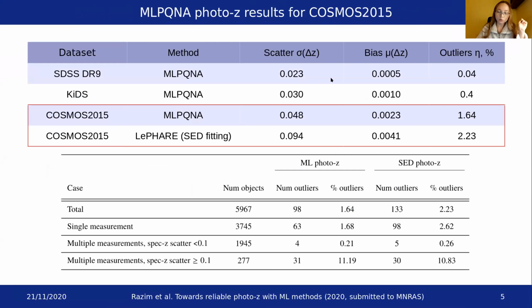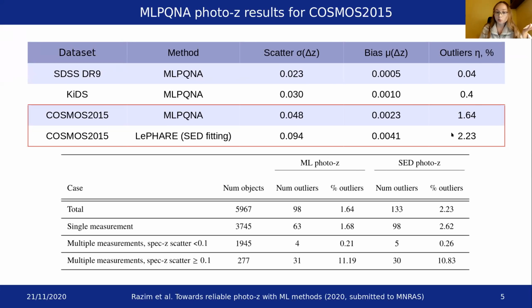Basically, what we discovered is that photometric redshifts, both obtained with machine learning and with template-fitting algorithms, are significantly worse than photometric redshifts from previous studies, for SDSS and for KiDS, for example. What captured our attention is the significantly higher percentage of outliers.